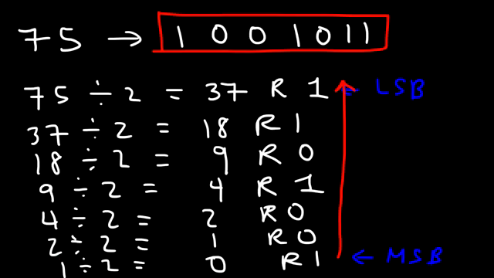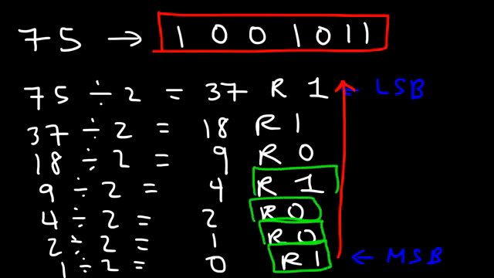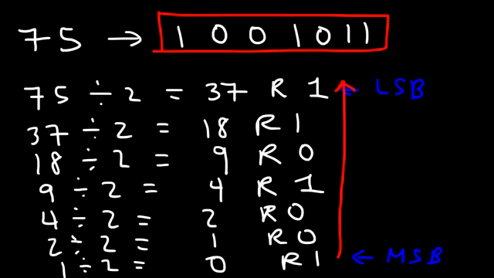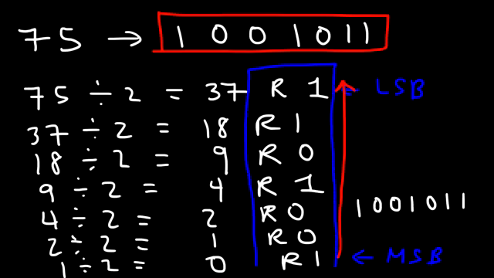So if you write it from bottom to top, it's 1, 0, 0, 1, 0, 1, 1. Hopefully you see that. And so that's how you can get the same answer using successive division.